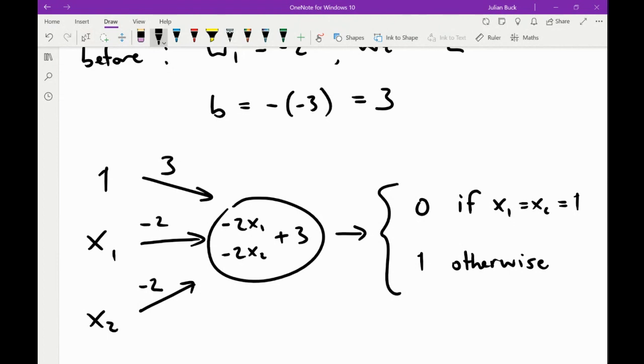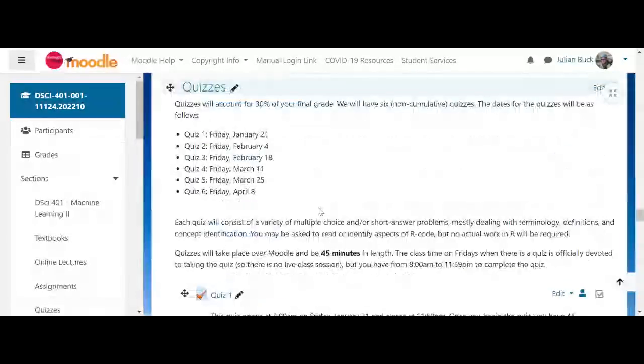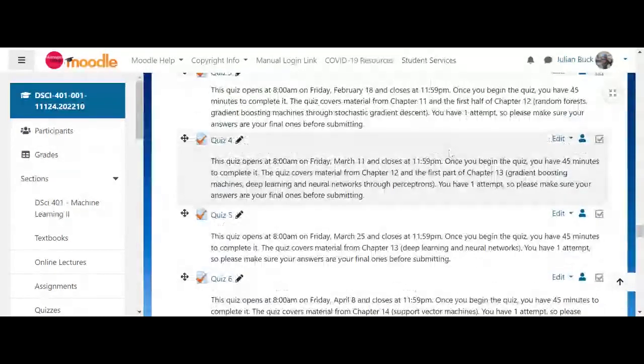All right, so last thing to mention for today is, let me pull up the tab, quiz 4 on Friday. And so this quiz covers chapter 12 on gradient boosting, and then the first part of chapter 13. So what we've covered kind of on perceptrons.